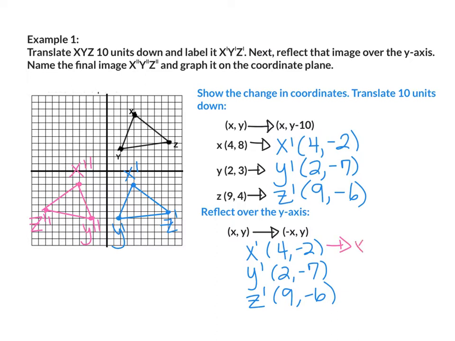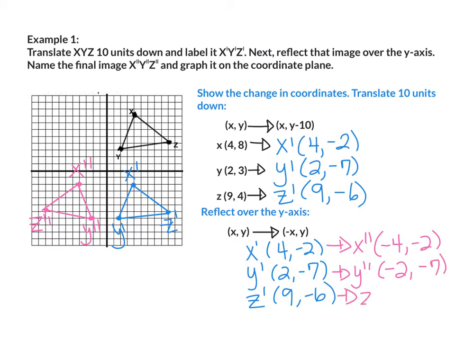So X double prime. I notice that all my X values become negative and my Y values stay the same. So 4 is going to be negative 4 and negative 2 will stay the same. For my Y double prime, my 2 will become negative 2 and my negative 7 will stay the same.